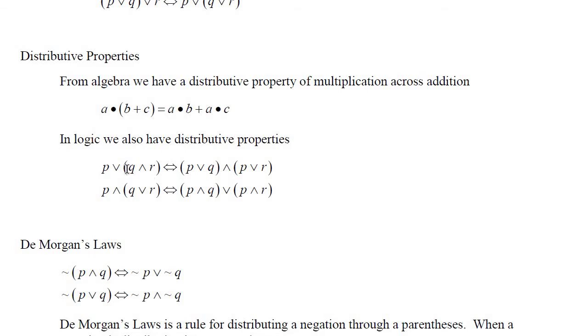That's going to be p ORed with q, ANDed with p ORed with r. So I did p ORed with the first one, p ORed with the second one, and there's an AND between those two groups. I can do the same thing in the reverse direction. If I have p ANDed with, in parentheses, q OR r, that's going to be p ANDed with q, ORed with p ANDed with r. So we also have distributive properties for logic.